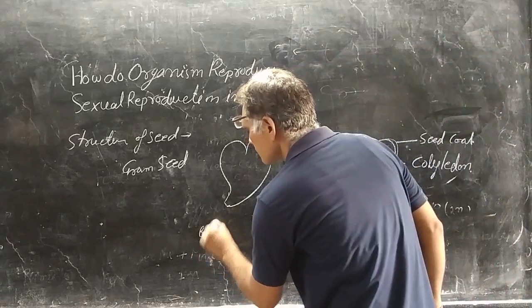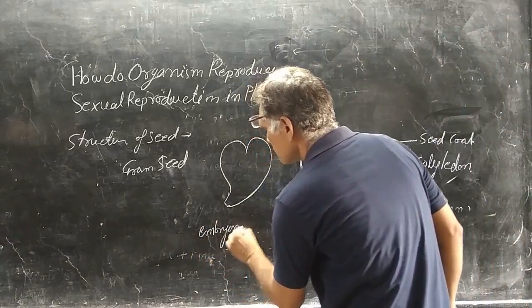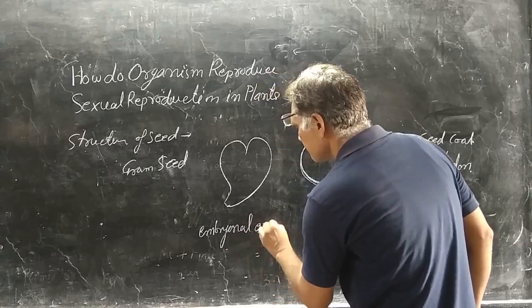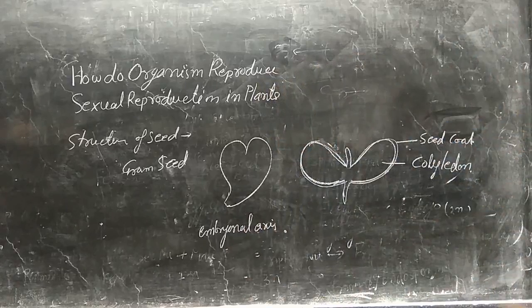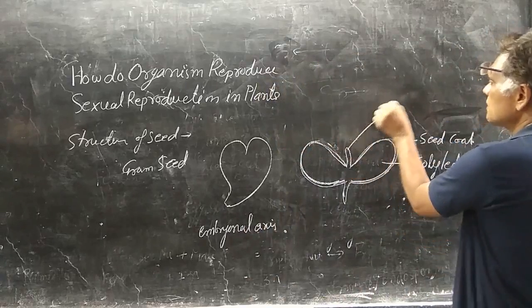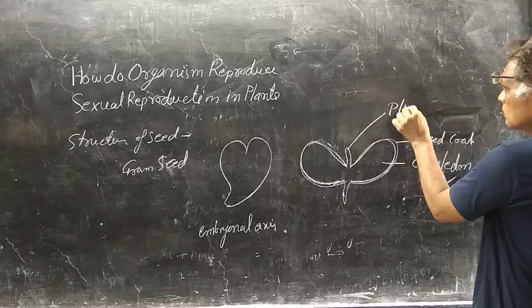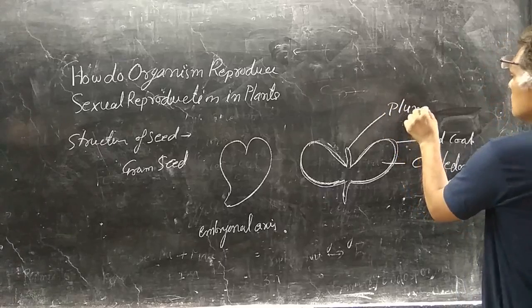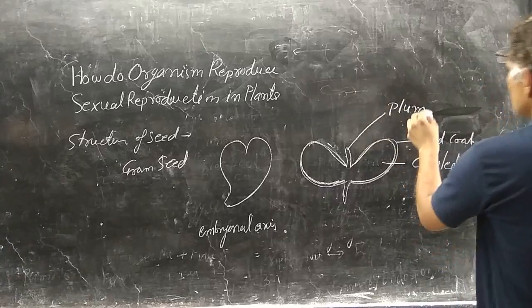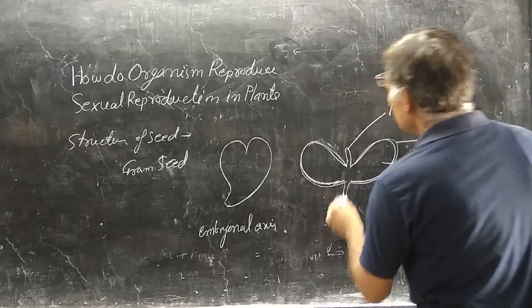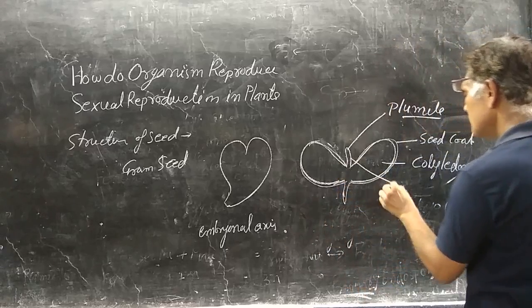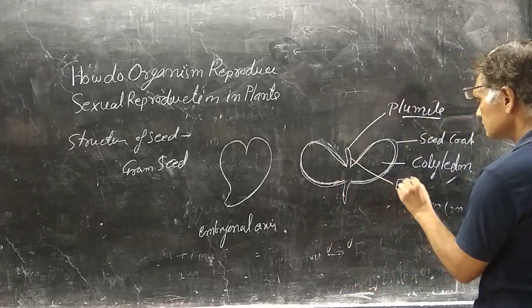The embryonal axis contains the following parts. The uppermost region is known as the plumule. Then behind that, the epicotyl.